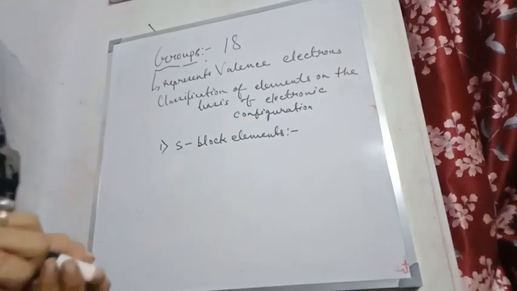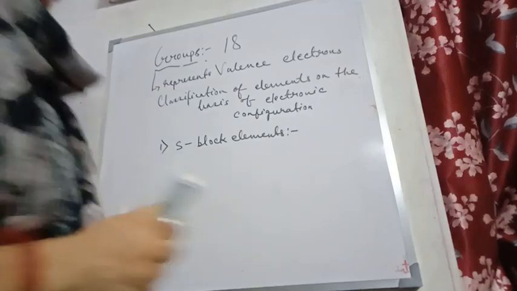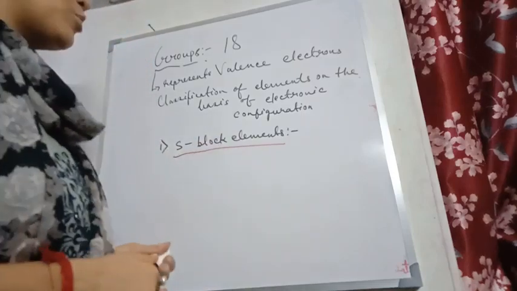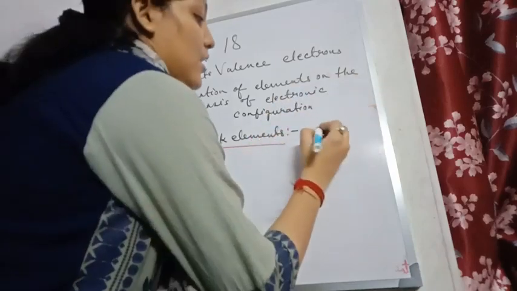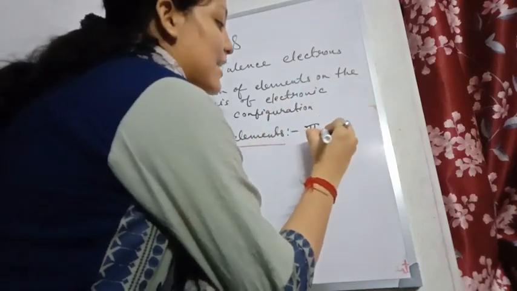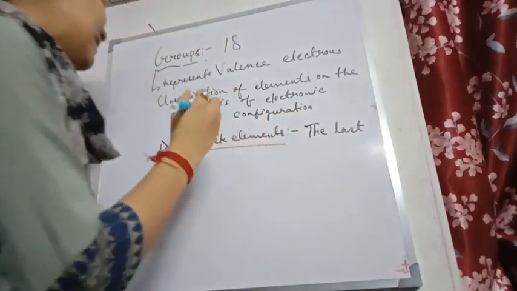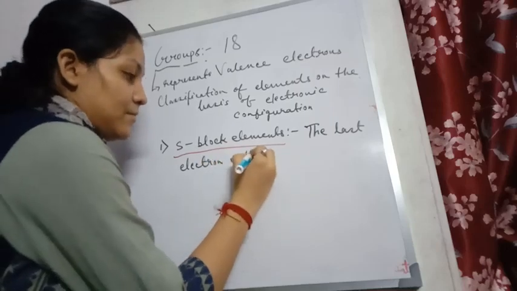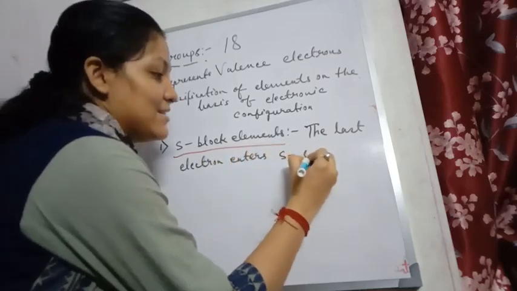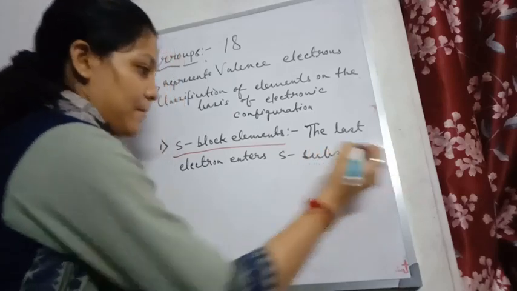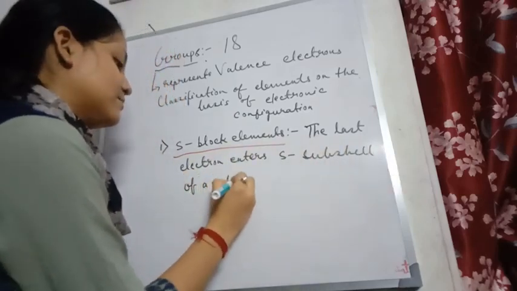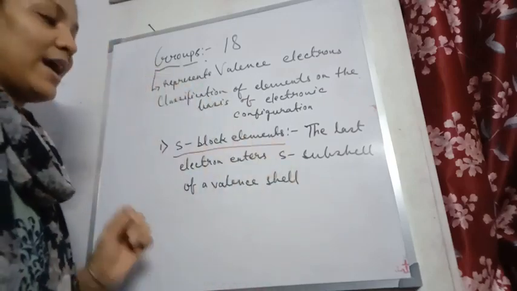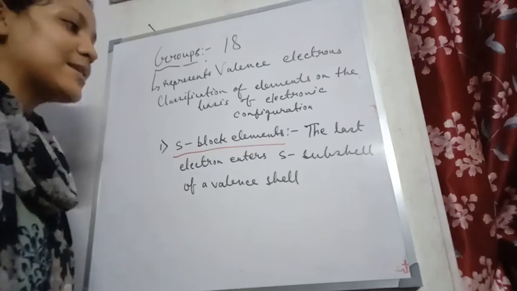How can we understand that a particular element is an s block element? S block elements are those elements where the last electron enters the s subshell of a valence shell.